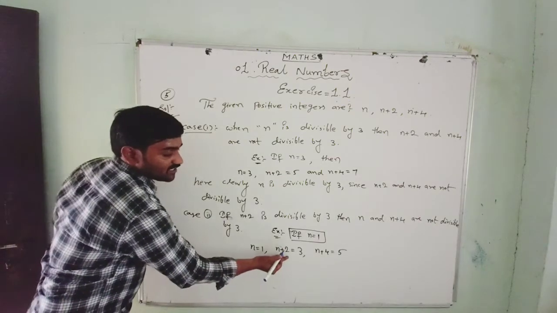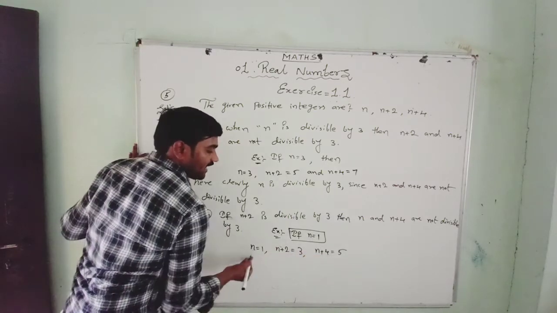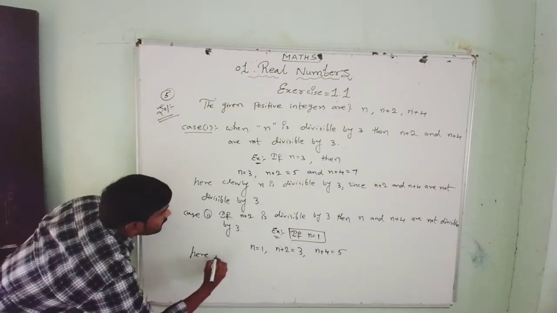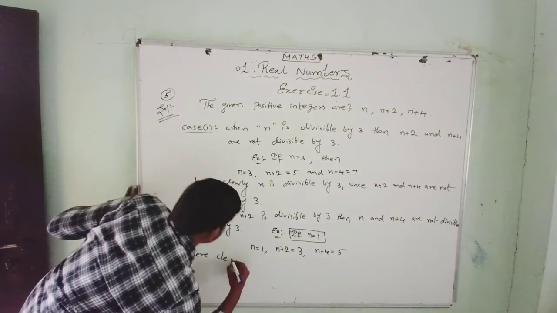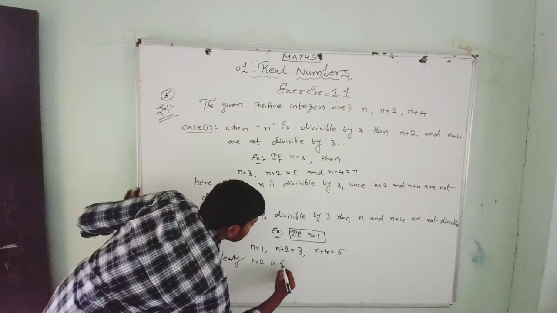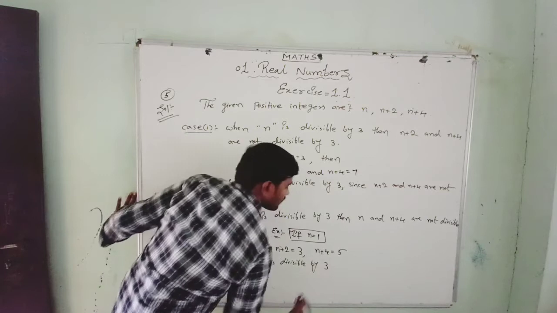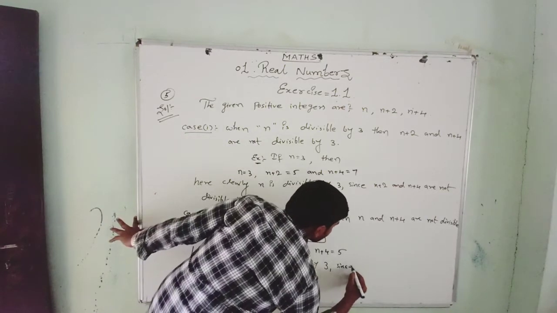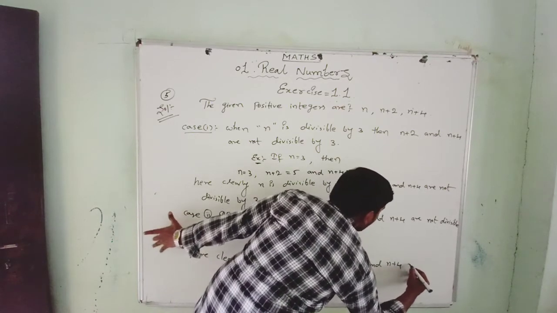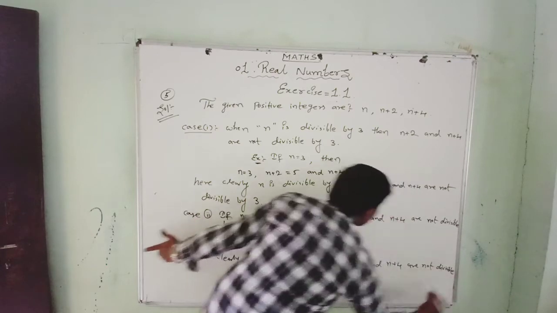Here only n plus 2 is divisible. Clearly n plus 2 is divisible by 3 since n and n plus 4 are not divisible by 3.